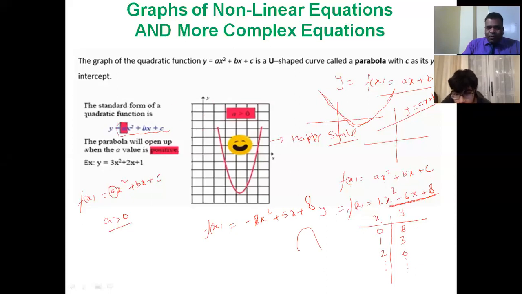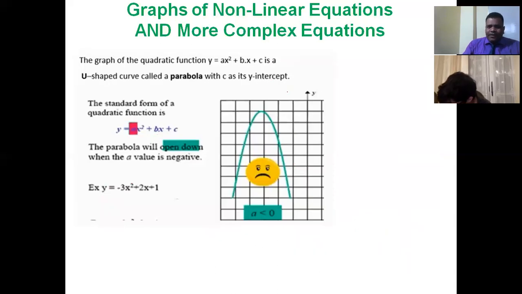And if a is positive, the parabola opens up. And if a is negative, the parabola opens down, and we call it a sad smile. That was the happy smile, and this is the sad smile. And when it is a sad smile, you can make a note here, when a is negative.